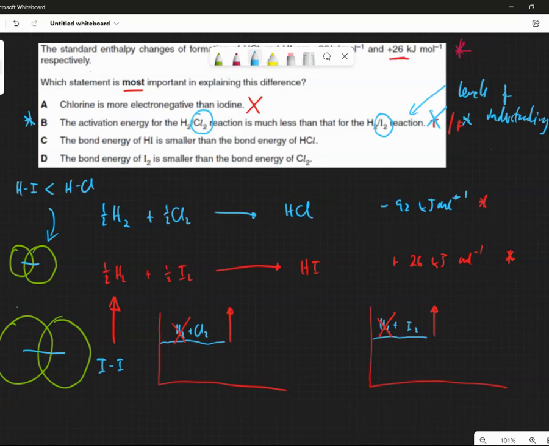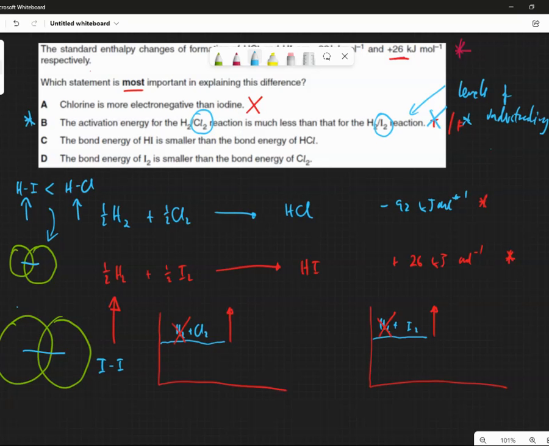Okay. Now, if HCl has a stronger bond, everyone listen to the reasoning. If HCl has a strong bond, which you know it has, when the HI is formed and when the HCl is formed, which one gives out more energy?